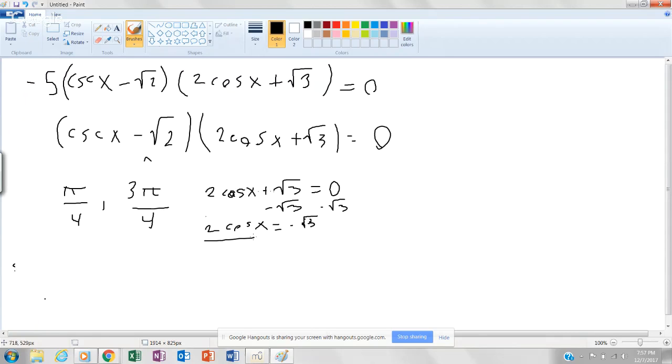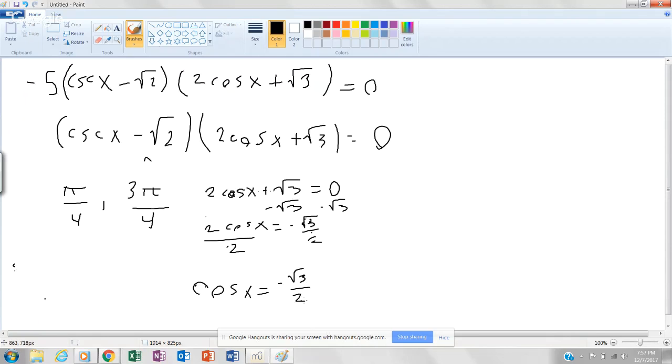And then we can divide both sides by 2. So cosine of x equals negative root 3 over 2.